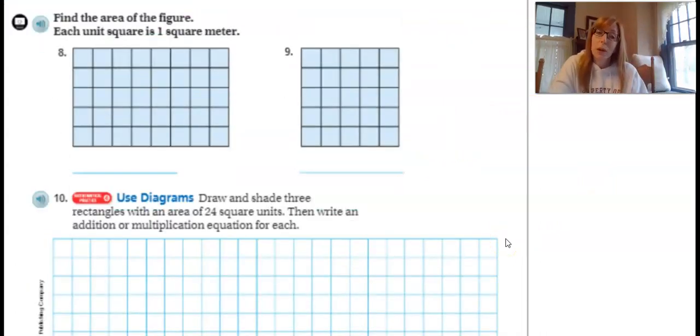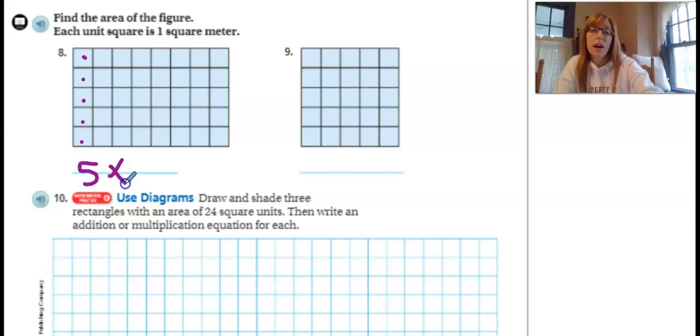Next one is a square meter, and you can tell that these are repeated addition, so it's multiplication because every row has the same amount. So you go down, you write area equals length times width. You write down area equals 5 times 8, and your area should equal, you are correct, 40 square meters.